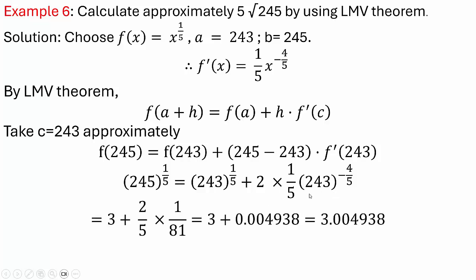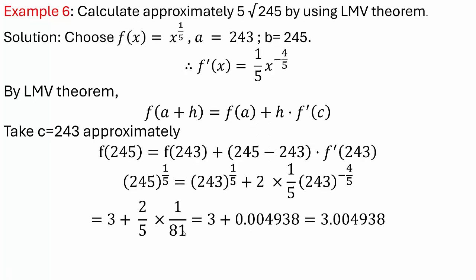Therefore, 243 raised to 1 by 5 is nothing but 3, because 3 is the fifth root of 243, plus 2 into 1 by 5 is 2 by 5, and 243 raised to 4 by 5 becomes 1 by 81.